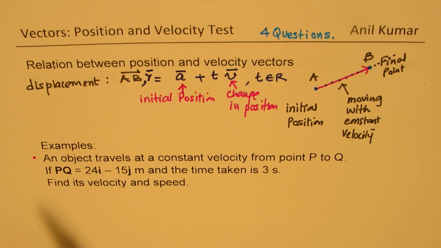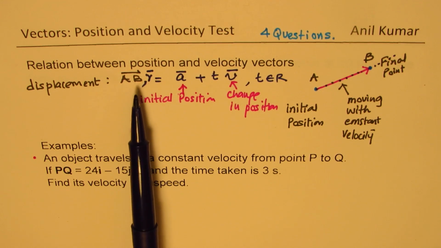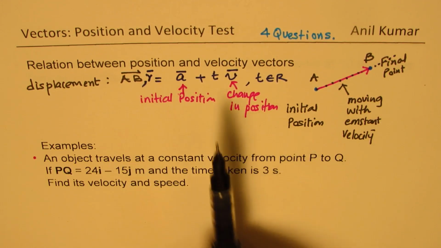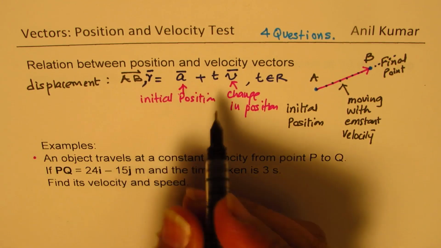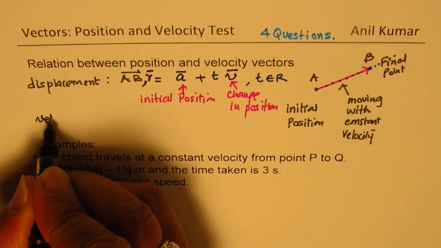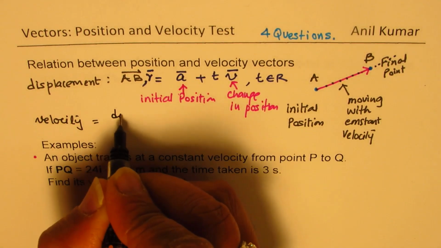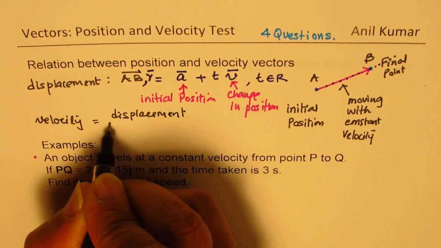Perfect. Now there are some other related terms in general. Here we have written the displacement, but we could also write velocity in terms of displacement, right? We could also say velocity is equal to displacement over time.